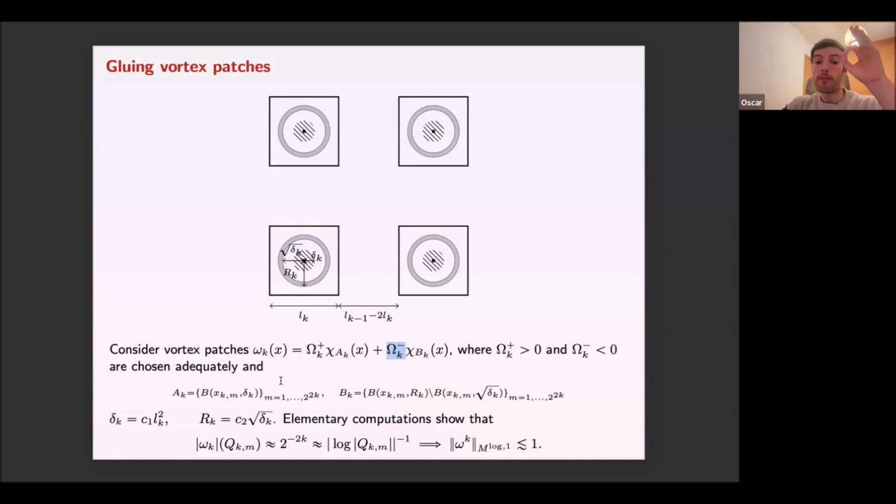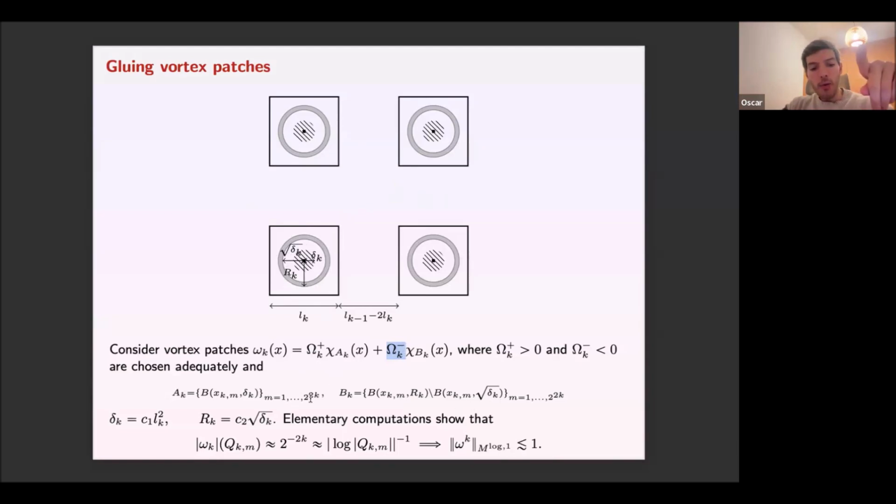And this is very important, because if we don't have this fact, then even if omega k is supported inside of this cube, it may happen that uk lives outside. And this is due to the non-locality of the Euler equation. But using this construction, we can overcome this. And now we are going to glue this construction on every cube of the family.